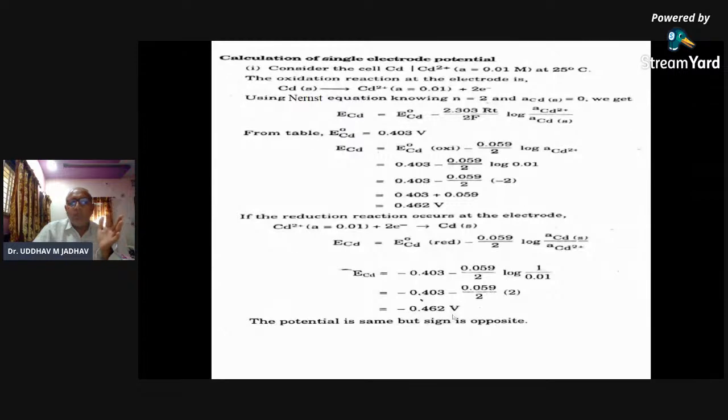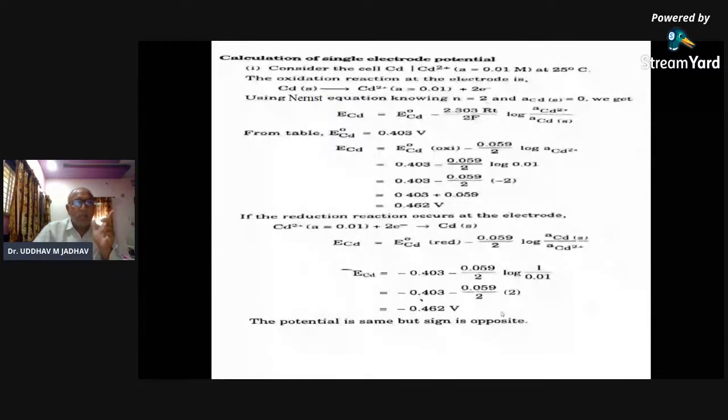The log of 10 raised to 2 is always equal to 2, because log of 10 raised to 1 is 1, and for that purpose log of 10 raised to 2 is 2. And for this purpose minus 0.403, here it is 0.059 upon 2, and log of 10 raised to 2 is nothing but 2. And that's why if you make the sum, then it comes out to be 0.462 volt, and the sign is minus.